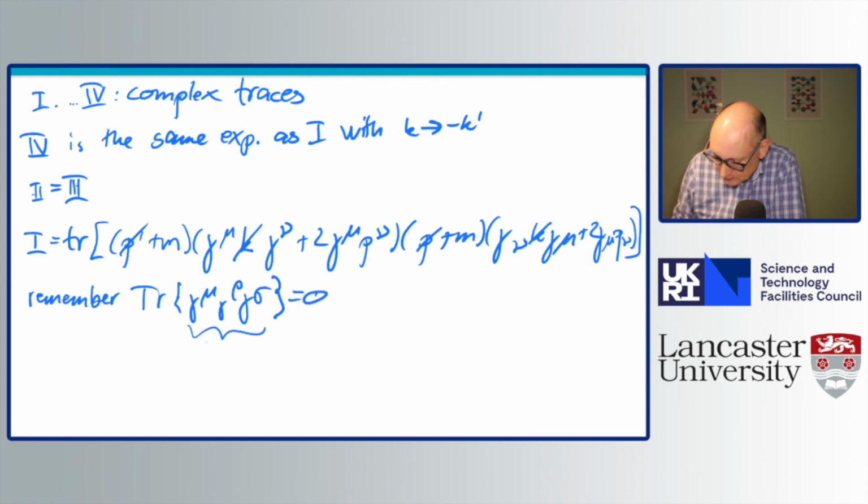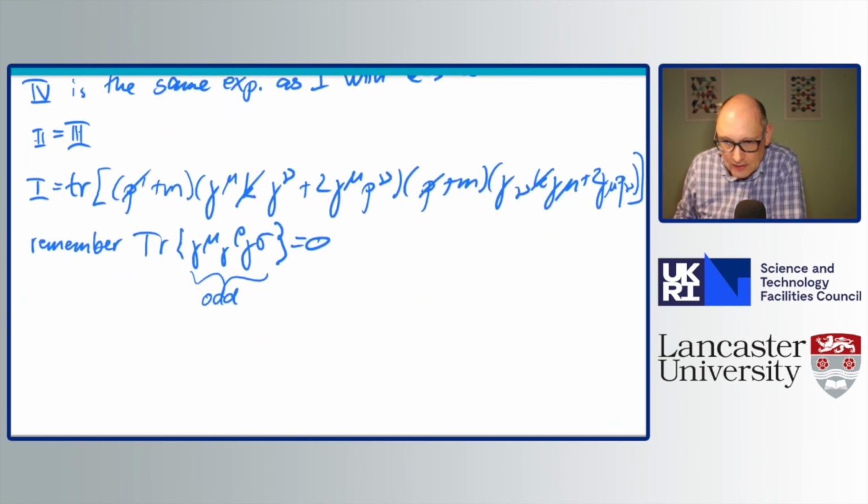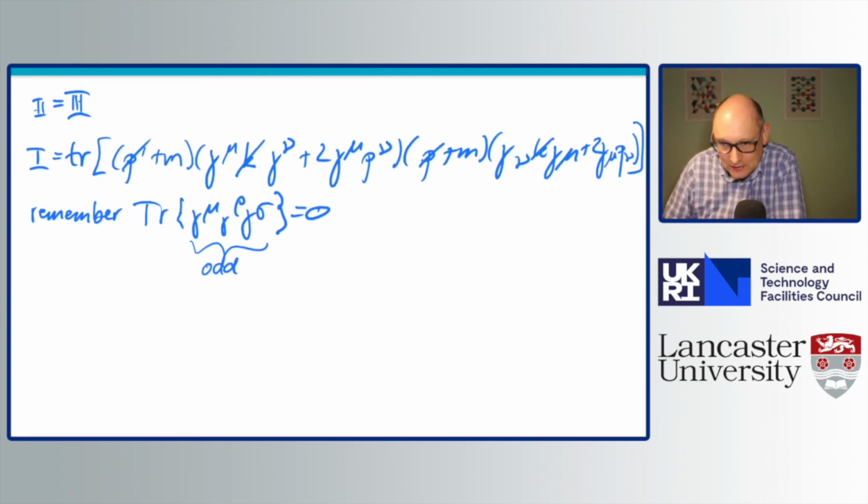Whenever there are an odd number of gamma matrices, their trace is 0. So we only have to evaluate half of the terms, the ones that are non-zero. And actually they can be evaluated quite simply by remembering again the commutation properties of the gamma matrices.